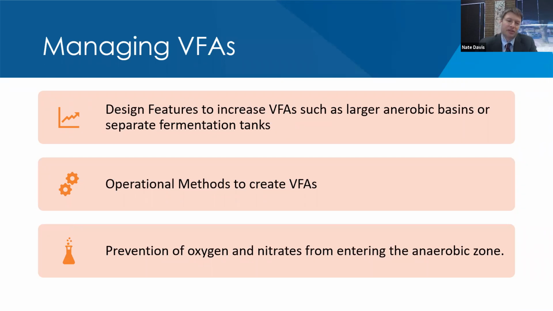If you're feeding nitrates out in your collection system to address corrosion or odor issues, keep in mind that that will actually limit some of the volatile fatty acids coming into your plant. So some changes in your collection system can also impact what you're seeing at the plant.